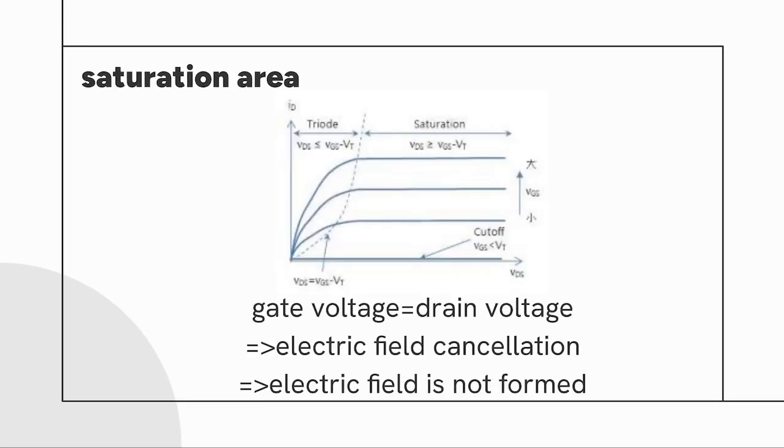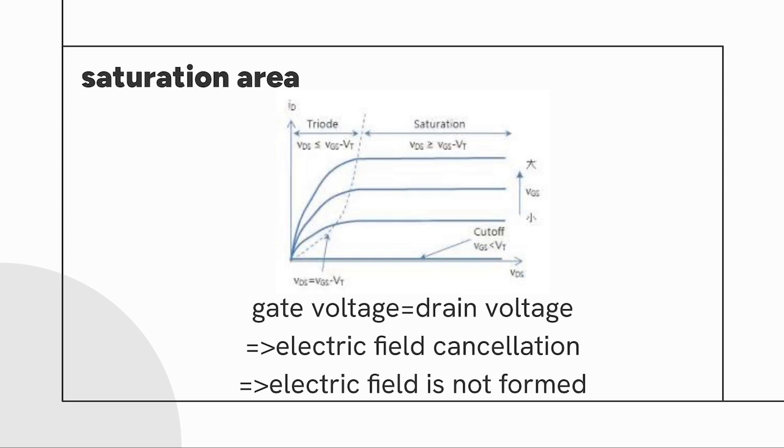The above expression holds only in the linear region. Saturation region is a region where Vds is greater than or equal to Vgs minus Vt. It is an area where the vertical electric field by gate voltage and the horizontal electric field by drain voltage are offset against each other and the electric field is not formed.